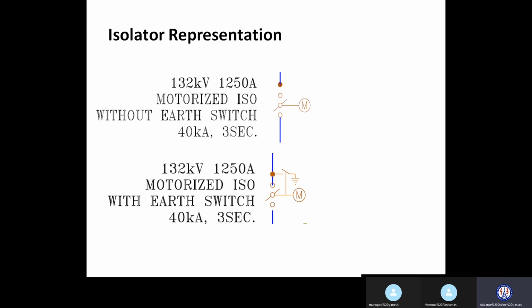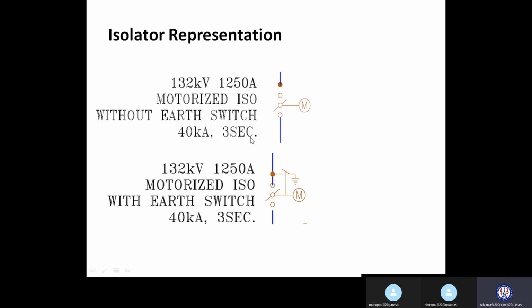Now, this is the symbol of the isolator, and on the left side we represent the isolator details. What details do we represent? First, the voltage rating of the isolator. Second, the current rating. Third, the type of isolator. And fourth, the breaking capacity of the isolator.